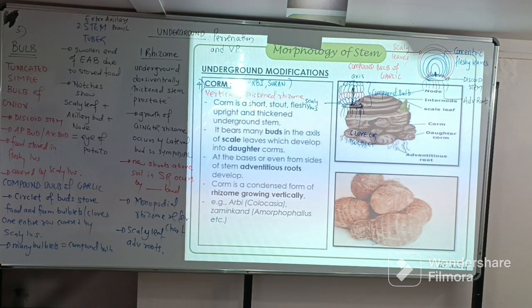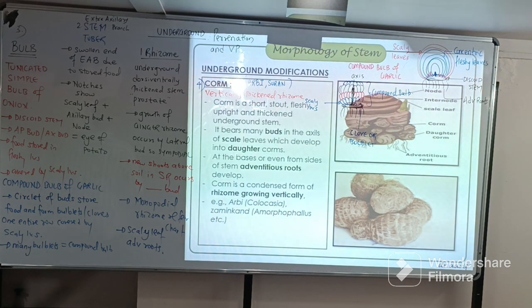Sorry, roots is over. Stem. Underground stem? Yes or no? Horizontally thickened. Sympodial examples? Zingiber officinale. Curcuma domestica. Monopodial? And what others you have written for monopodial? Nymphaea and Nelumbo.